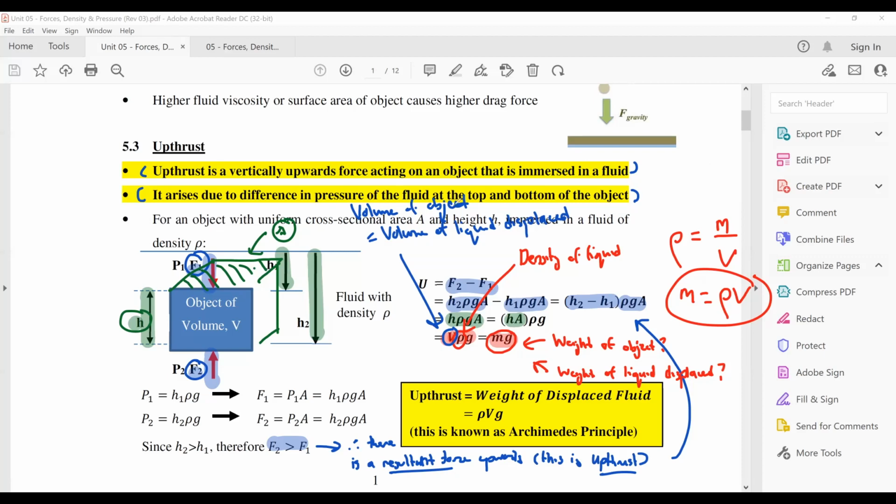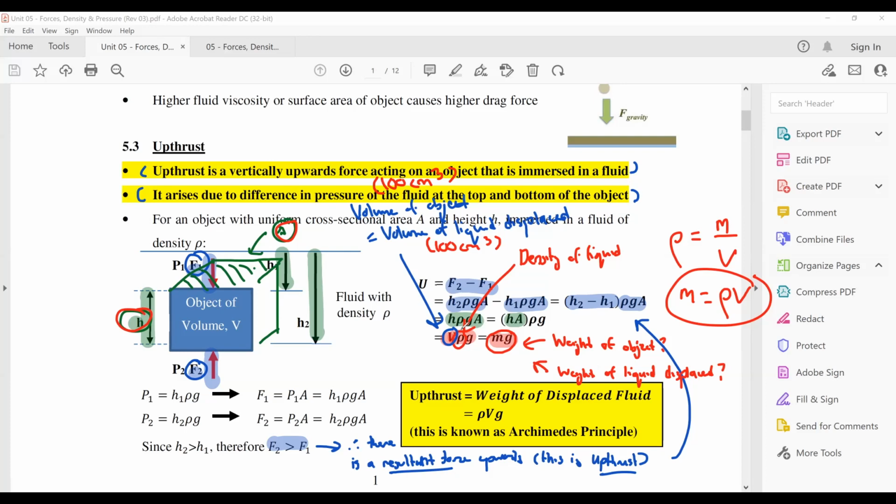If say your object had a volume of 100 centimeter cube, you will also be displacing the same volume in the liquid. So the V here, although you see it is H multiplied with A of the object, can actually represent two kinds of volume. Firstly the volume of the object, and also the volume of the liquid displaced.